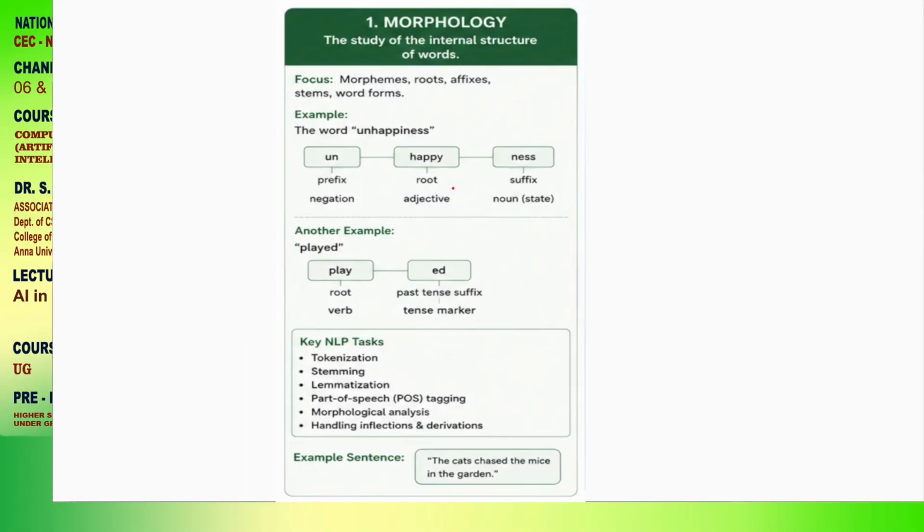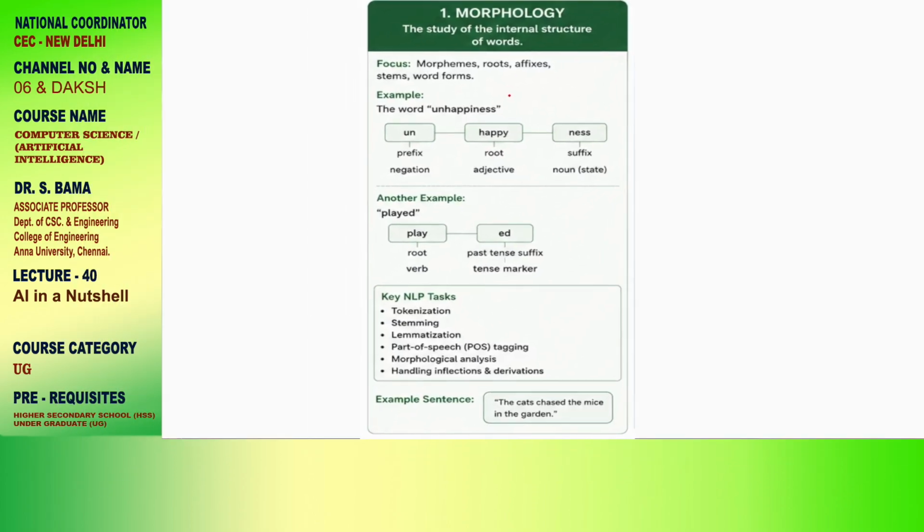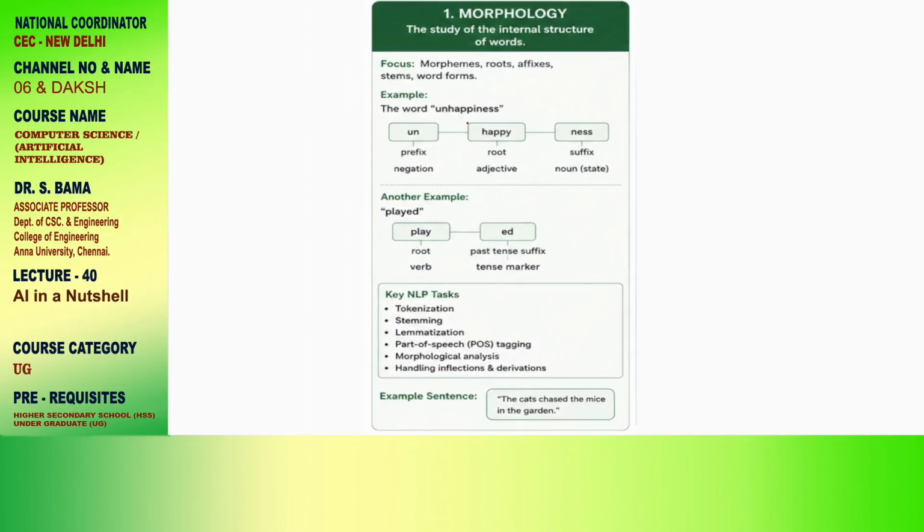Then we moved on to natural language processing, which is in unit 5, where computers understand, interpret and generate human language. We started off with morphology, where we talked about words. Suppose you take one word like unhappiness.